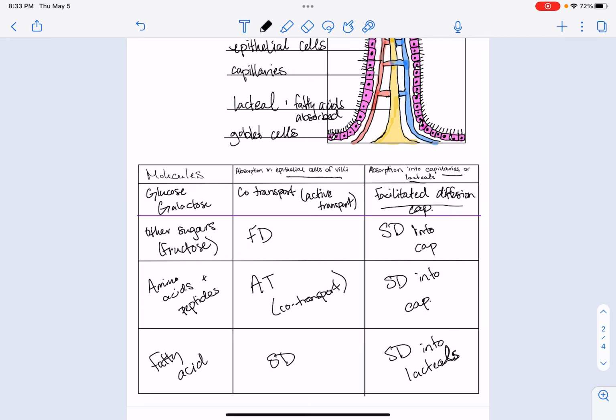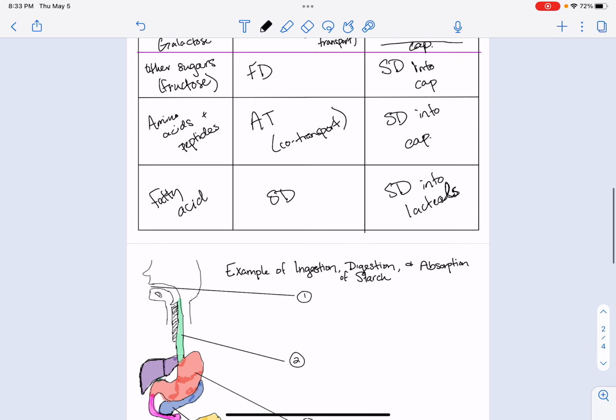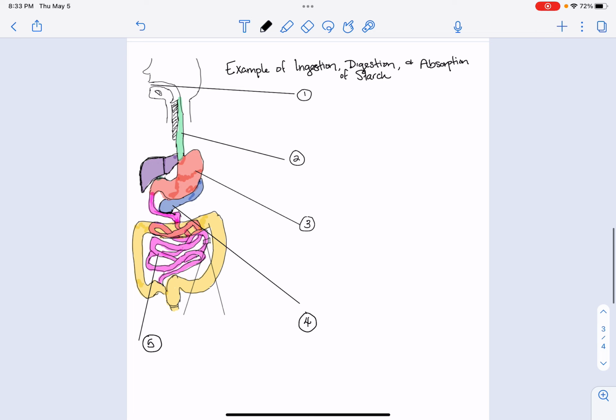All right. So how do we put this all together? Last thing. If we had to write a 7 or 8 mark question, let's talk about ingestion, digestion, and absorption of starch.